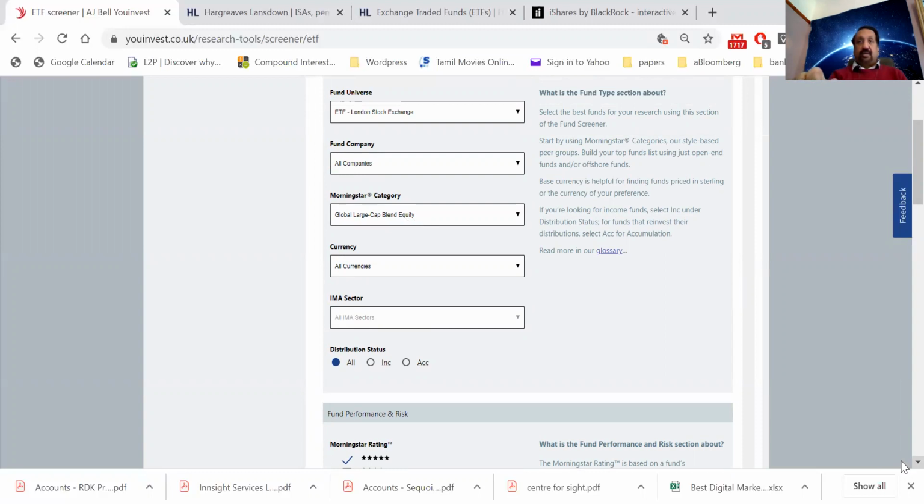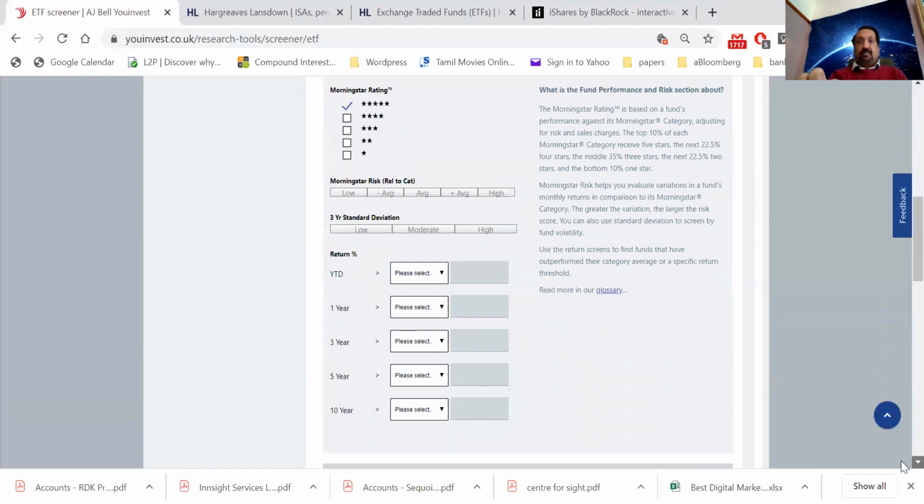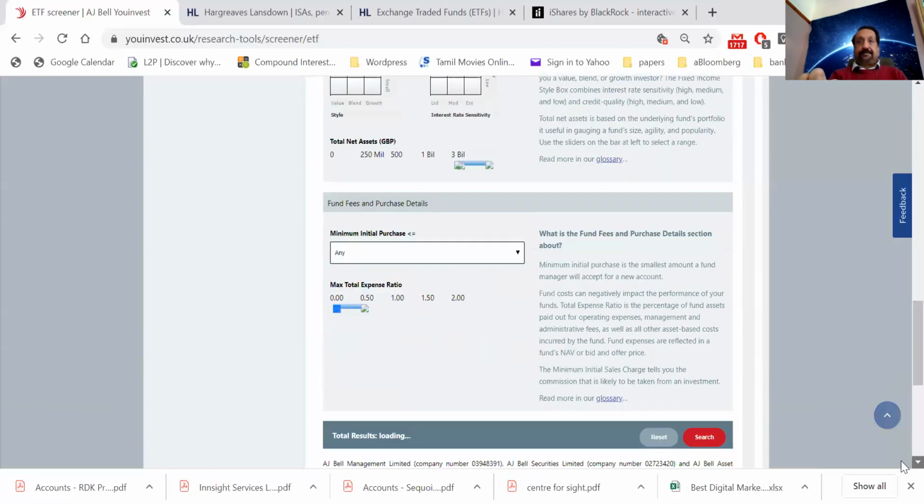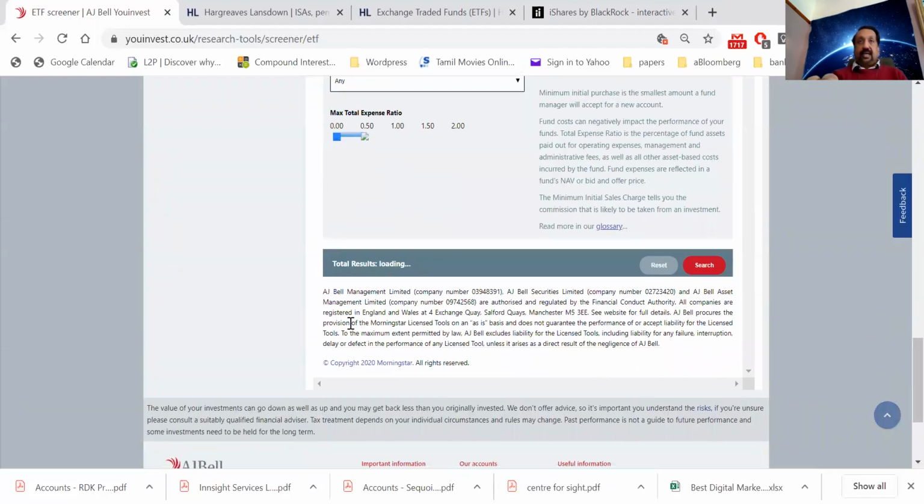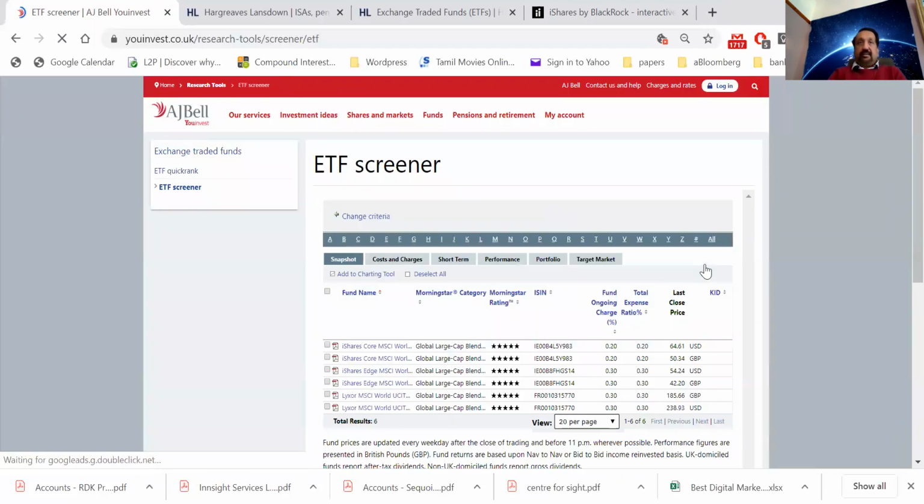Then I go down to the bottom of the screen. Total results are still loading. Okay, so I'm going to search. Under these criteria, what is the number of shares that are available? Let's see what comes up. It will take a little bit of time, I think. Fantastic.